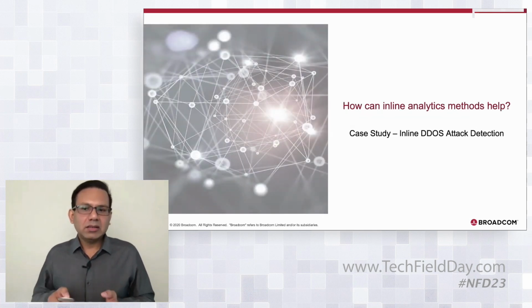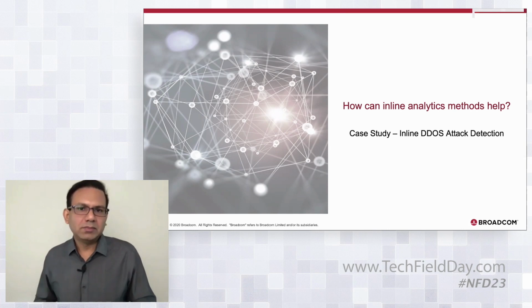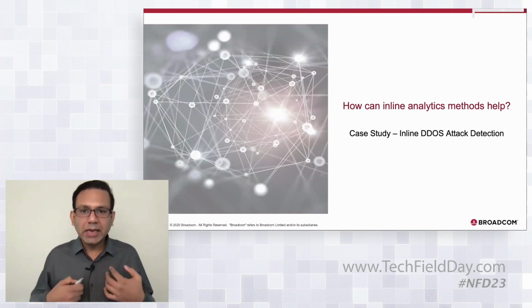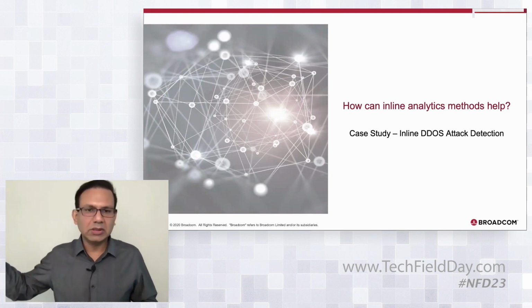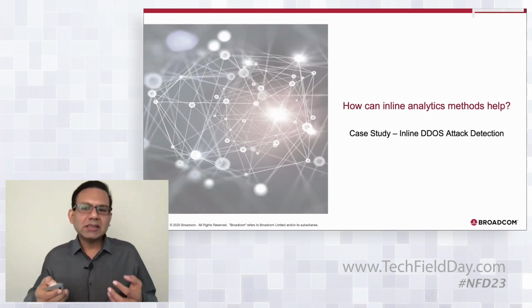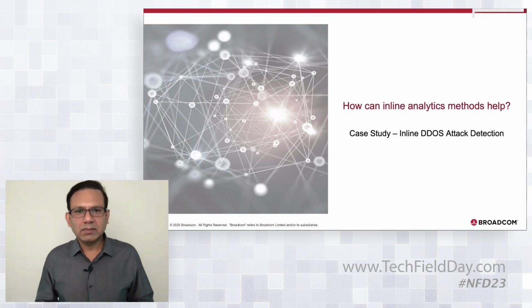Can inline methods help? Can we change the nature of the problem by doing more processing on switch so that anomaly detection, which today is really an inference task at a distributed level, could that be done in a better way with insights from the switch? And we'll take a case study. We'll look at inline DDoS attack detection.